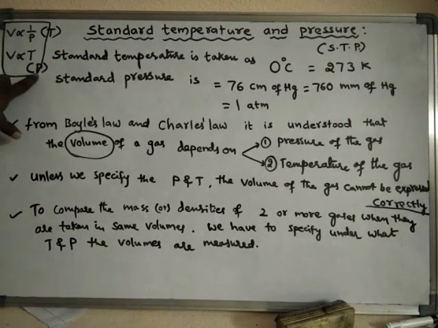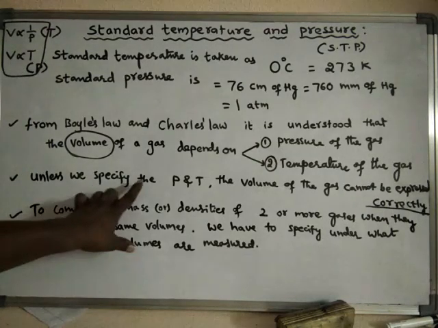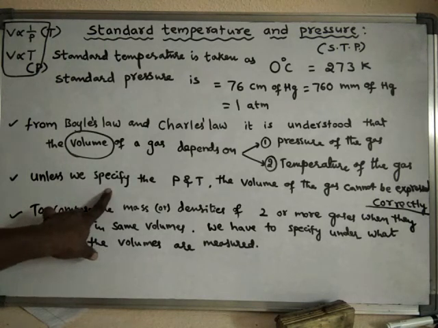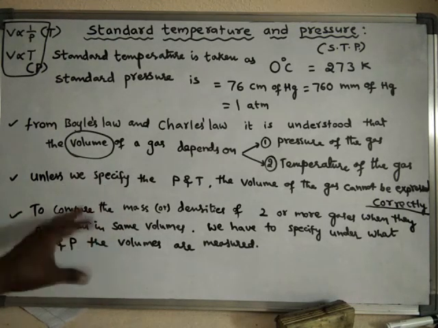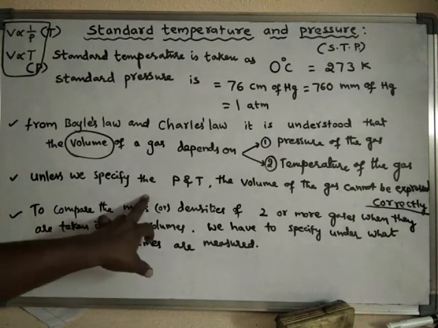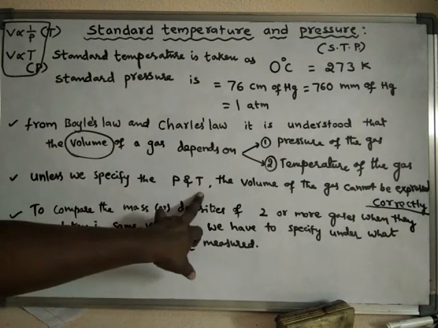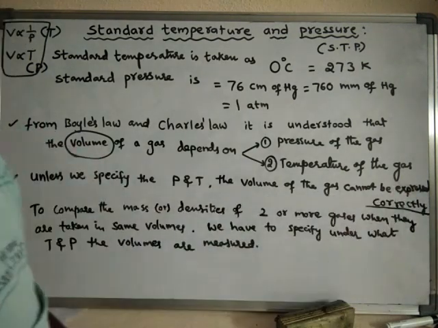So we have to mention the value of pressure also, and the value of temperature. Specify means standardize. So unless we standardize the pressure and temperature, the volume of the gas cannot be expressed correctly.